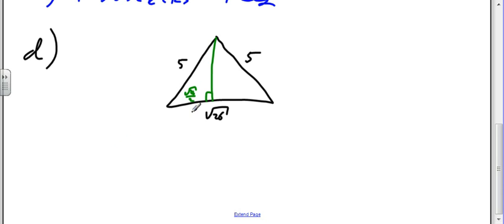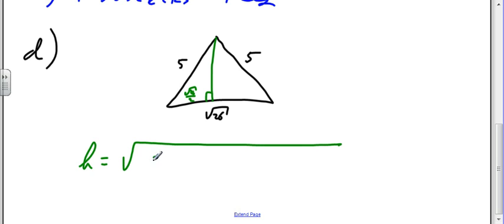All right, so the height is going to be the square root of 5 squared minus the square root of 26 over 2 squared, using the Pythagorean theorem.